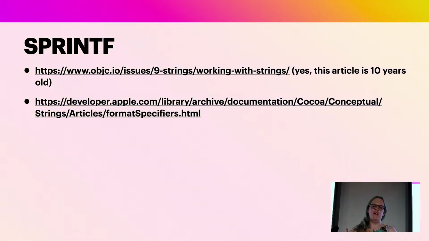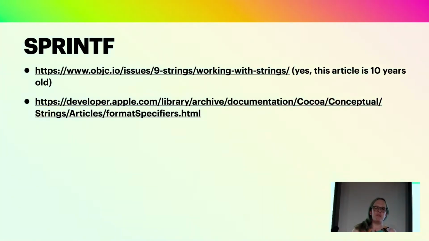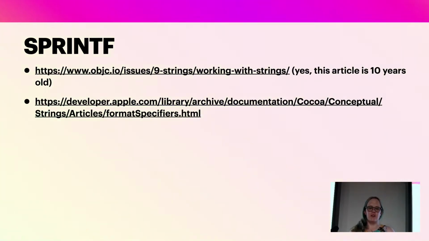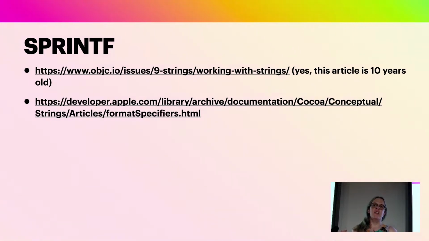Objective-C.io had, in issue 9 about strings, a lot of the string formatting rules, guides and tips. So if you're still based in UIKit or AppKit and you need to work with strings and do, say, string with format, you can refer to that, or the Apple developer guides as well.